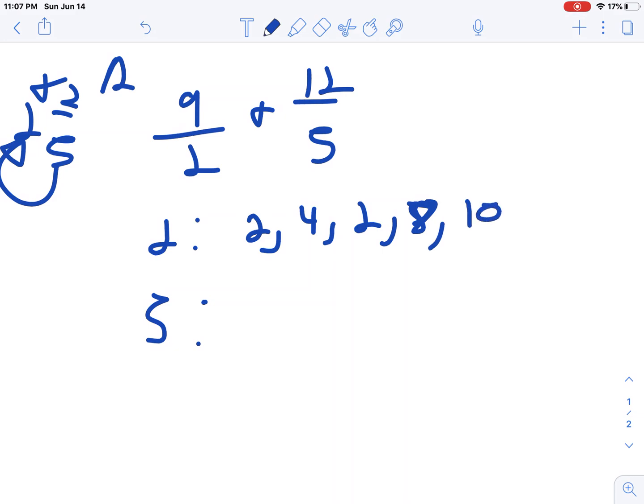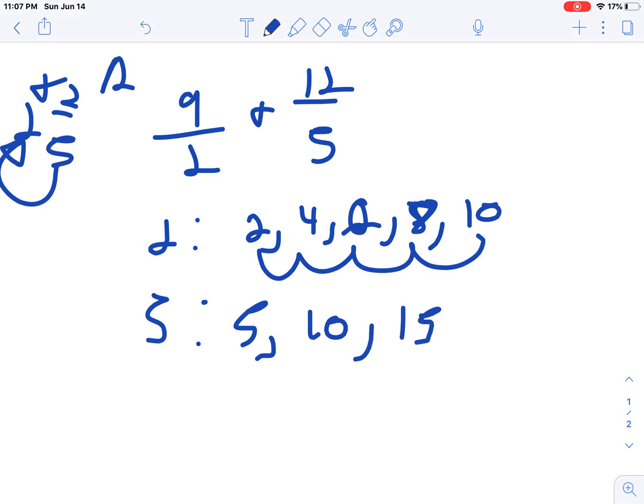As you can see, these are my common denominators, the multiples of 2. So I got 2, 4, 6, 8, 10. And then for 5, it's obviously just 5, 10, 15, 20.